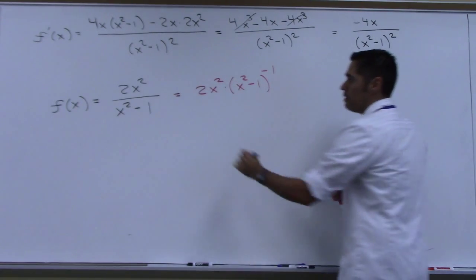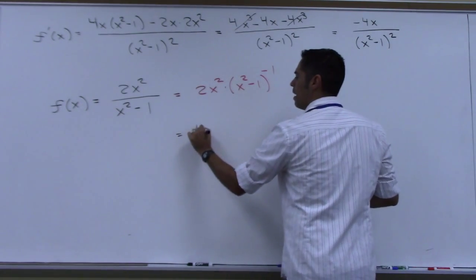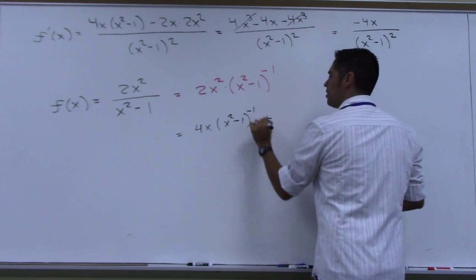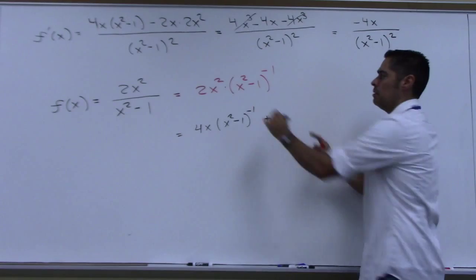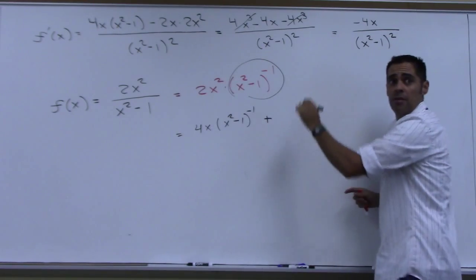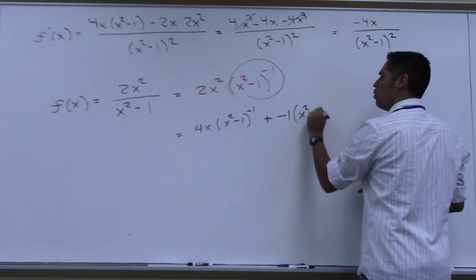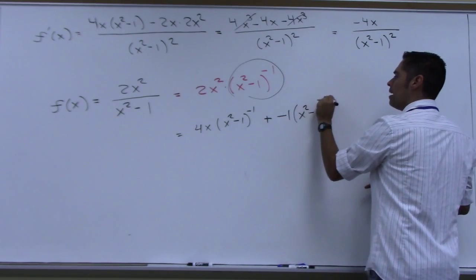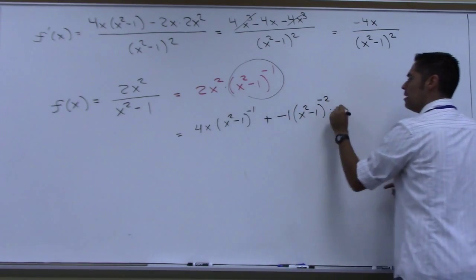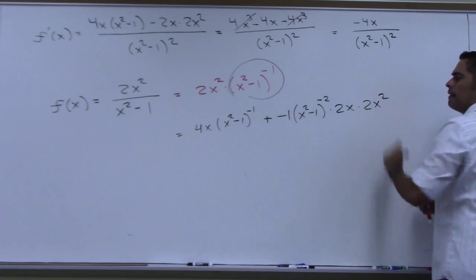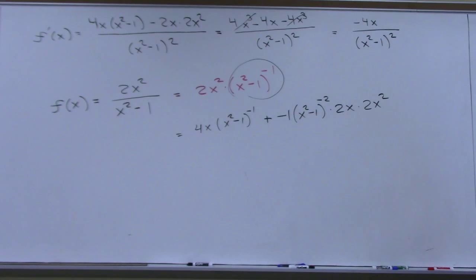Yes? Okay, derivative of the first one, 4x, times the second one, plus the derivative of the second one is chain rule, right? So the negative 1 comes out, times x squared minus 1, reduce the power, negative 2, times derivative of what's inside, times the first function, right? You agree?